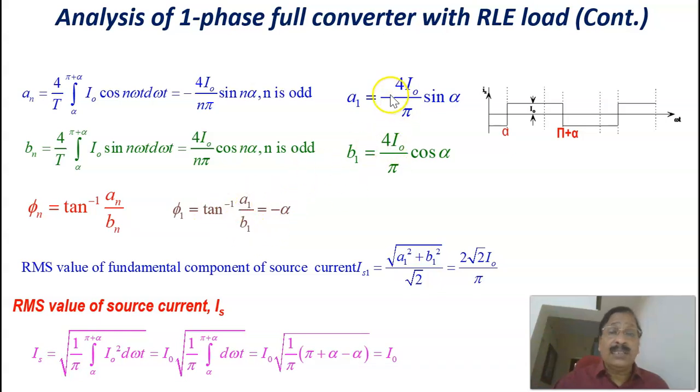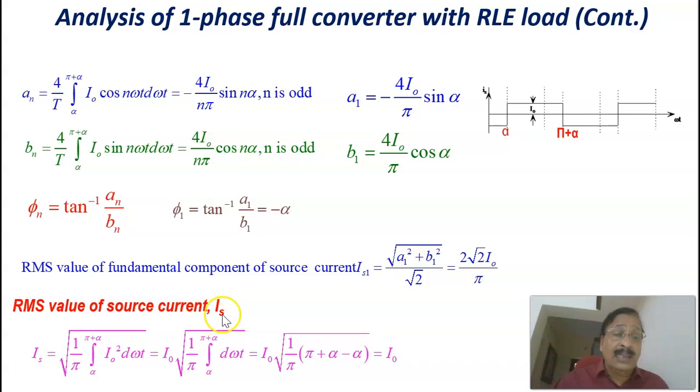Substituting, we get tan inverse of tan minus alpha, which is equal to minus alpha. Therefore the phase shift of the fundamental is phi 1 equal to minus alpha, and the RMS value of the fundamental is given by 2 root 2 by pi into I naught. That is the RMS value of the fundamental signal derived from the Fourier series.